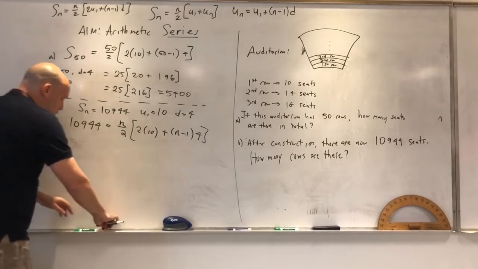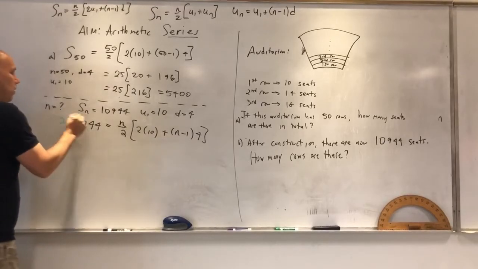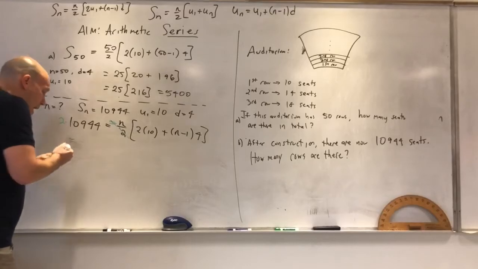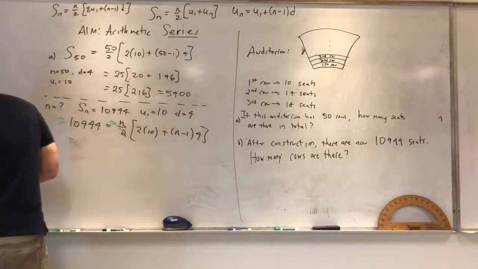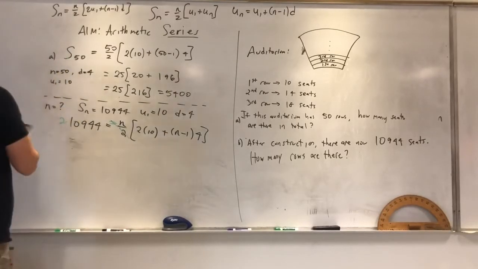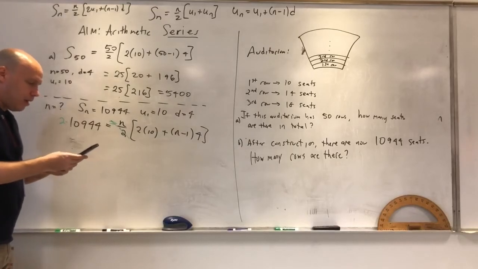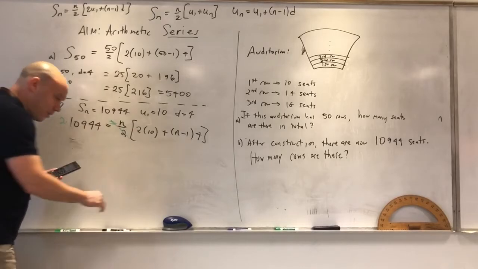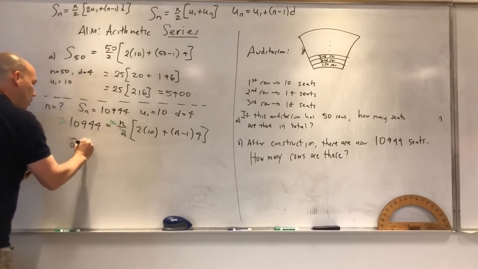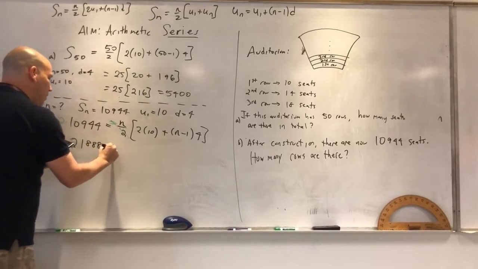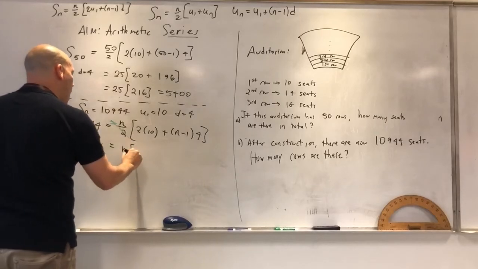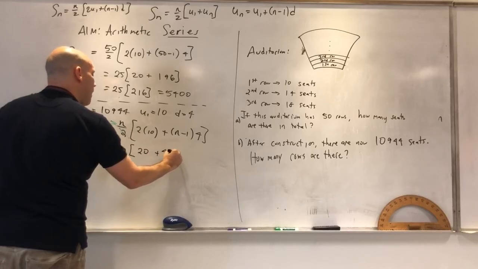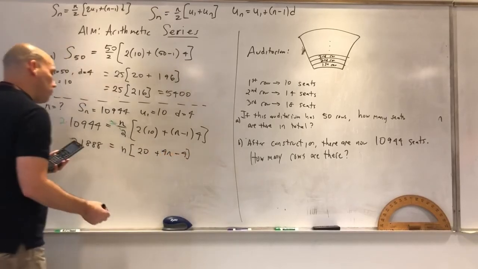Personally, I like to multiply both sides by 2 to get rid of it, because I hate stuff in the denominator. And then I have, let's see, 10,944 times 2 is equal to 21,888. That's equal to n times 20 plus 4n minus 4.